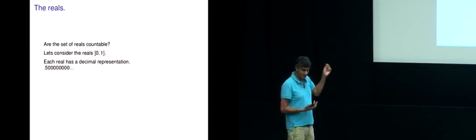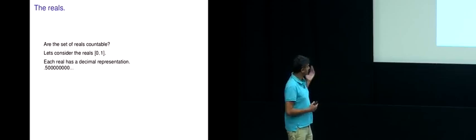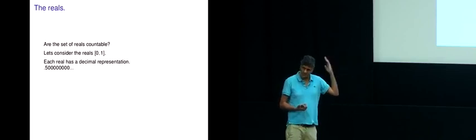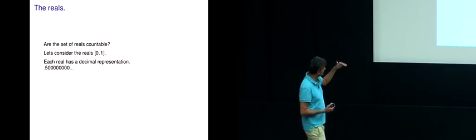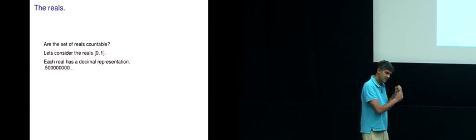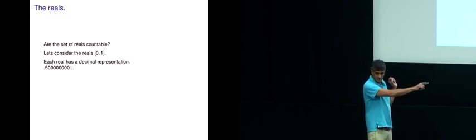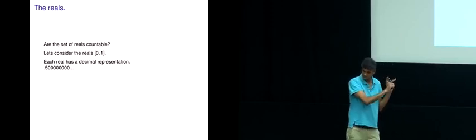I would write it as 0.5. But I claim the representation is 0.5 followed by an infinite string of zeros. That's also a representation of 0.5. Our representation of 0.5 as a decimal is 0.5 with an infinite sequence of zeros. Does that make sense?